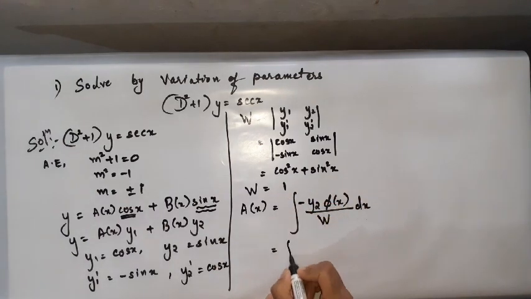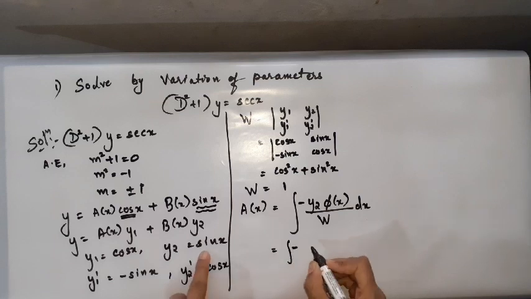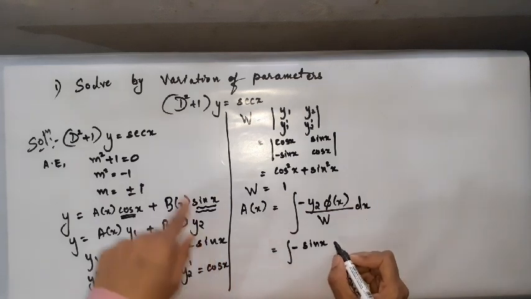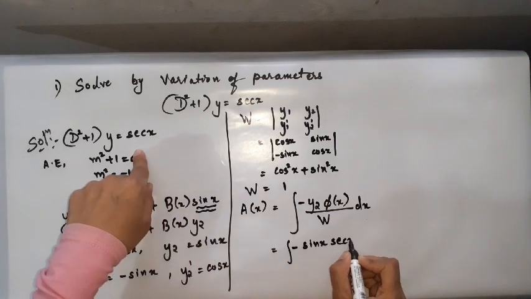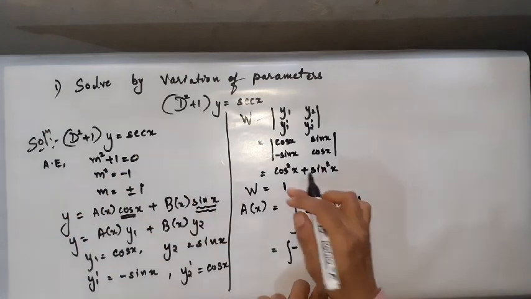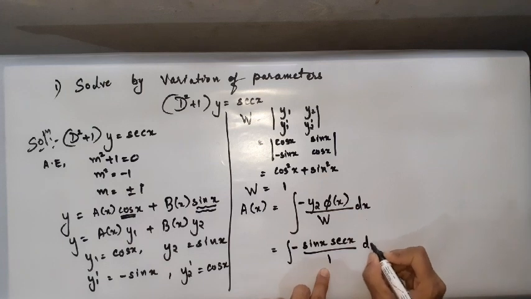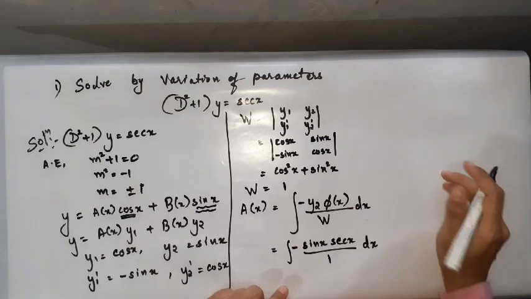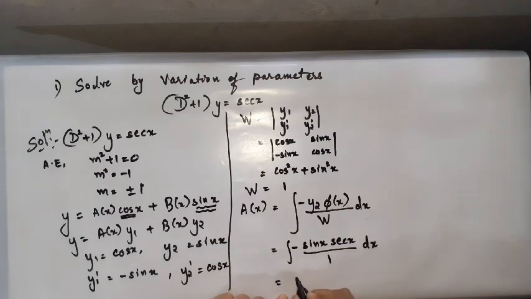Let us do the substitution. It is minus integral of y2, which is sin x, times phi of x, which is secant x, divided by W, which is 1, dx. I hope this point is clear to everyone. Now, when you further simplify this, I'll take the minus sign outside.